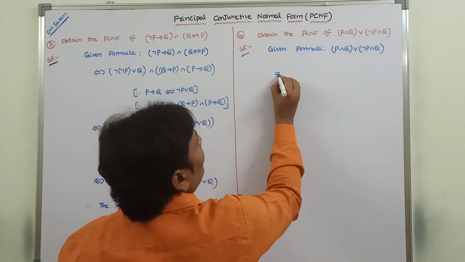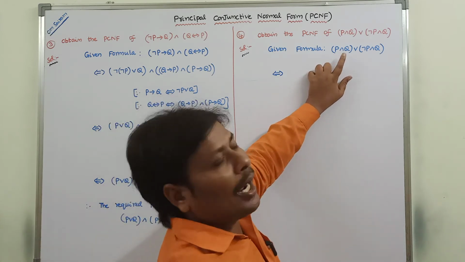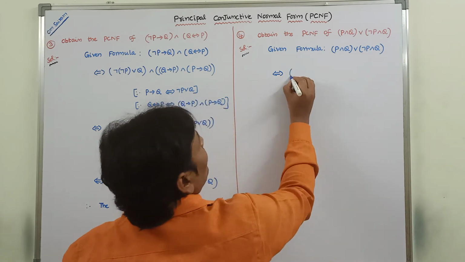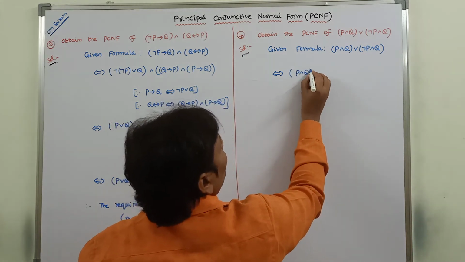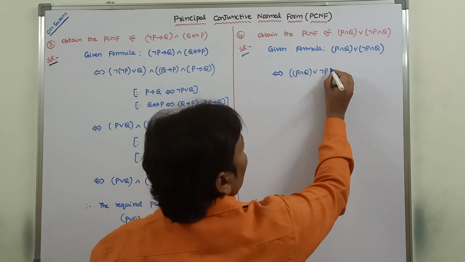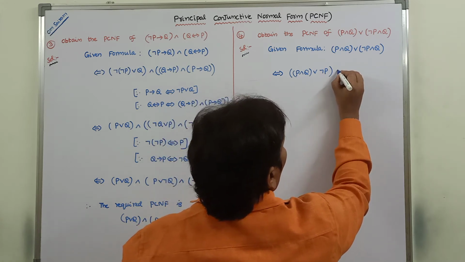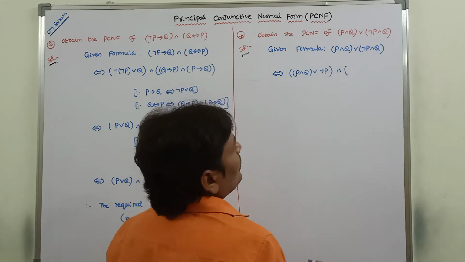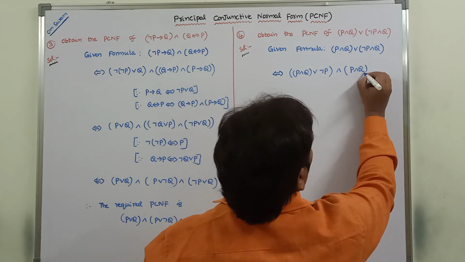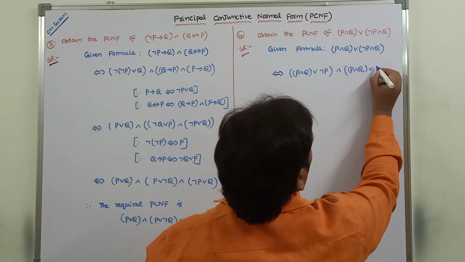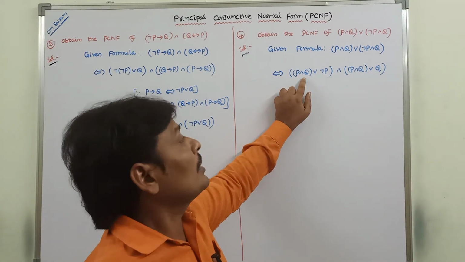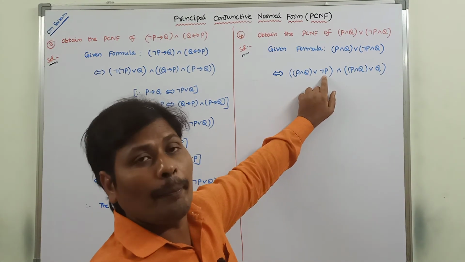Now this entire P and Q is multiplied with the negation P. So P and Q is multiplied with the negation P, and P and Q is multiplied with only Q. Now this entire term is multiplied with the negation P.